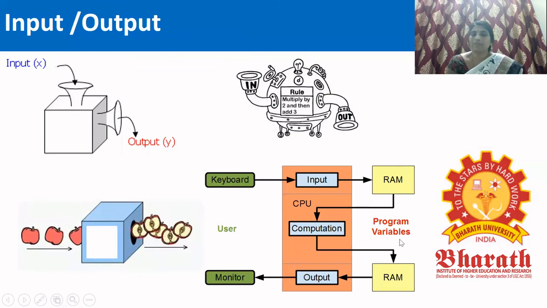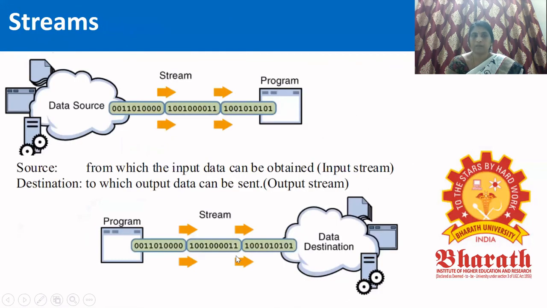Similarly, I have a system where you have an input and I get an output. So input through keyboard is stored in the memory, the computation is done and the output is shown on the monitor.